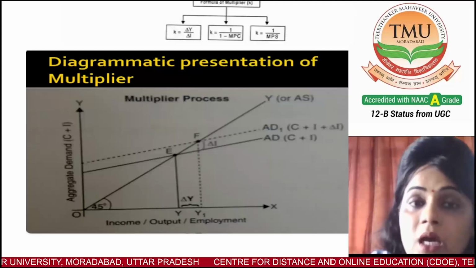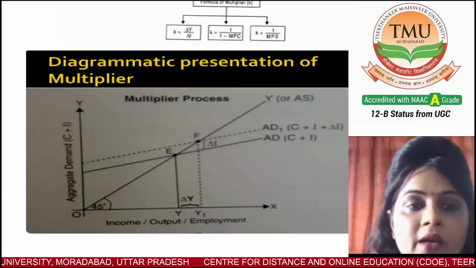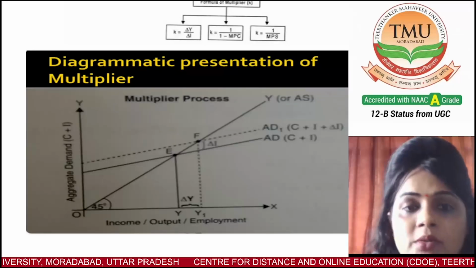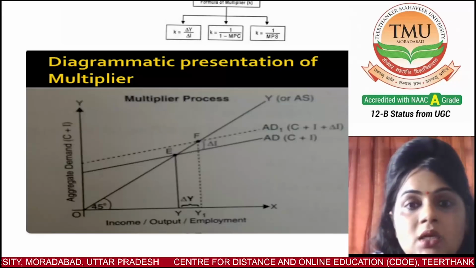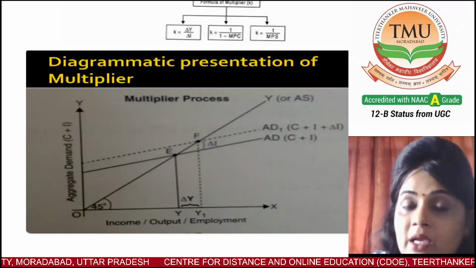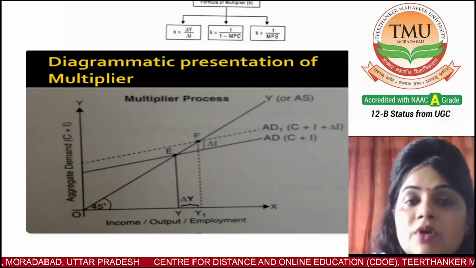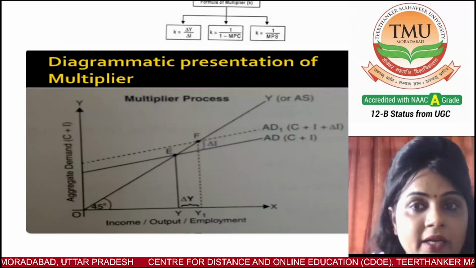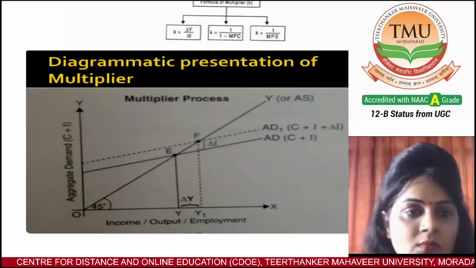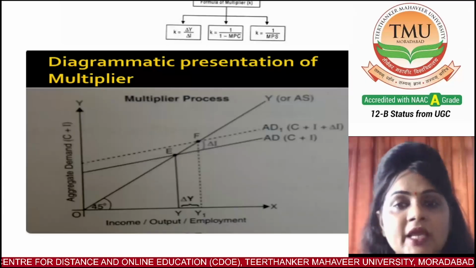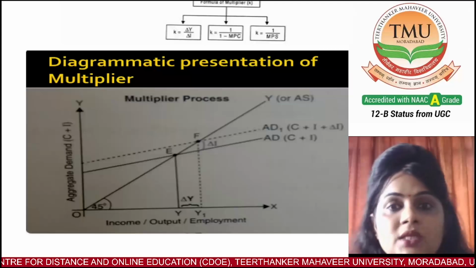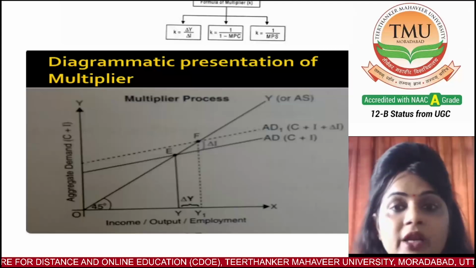In the above expression of the multiplier, we have assumed that the marginal propensity to consume remains constant throughout as the income increases in various rounds of consumption expenditure. However, the marginal propensity to consume may differ in various rounds.